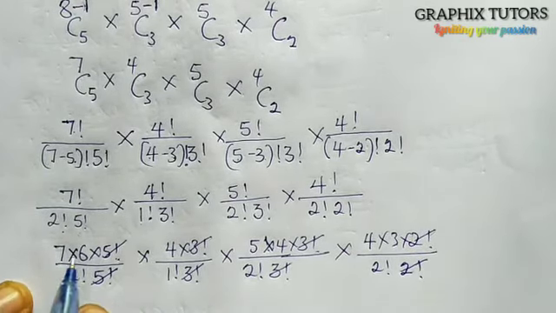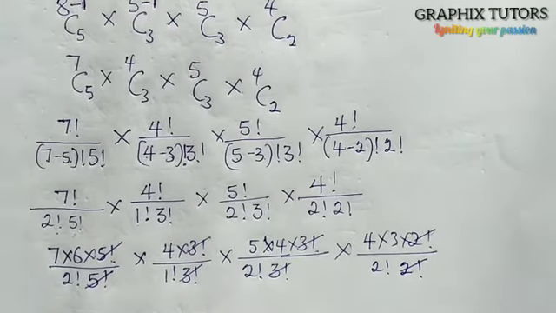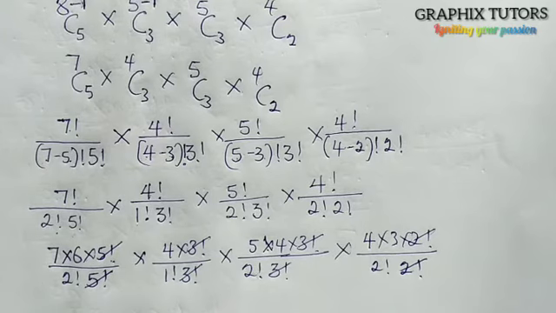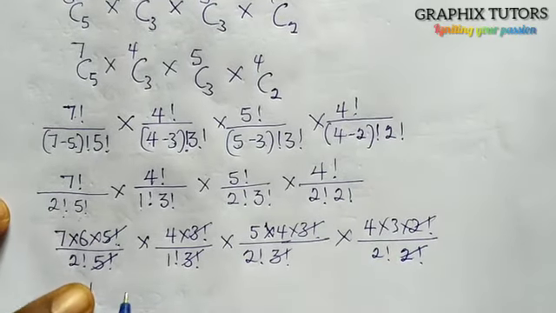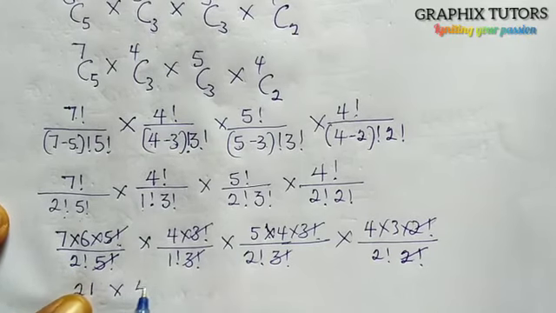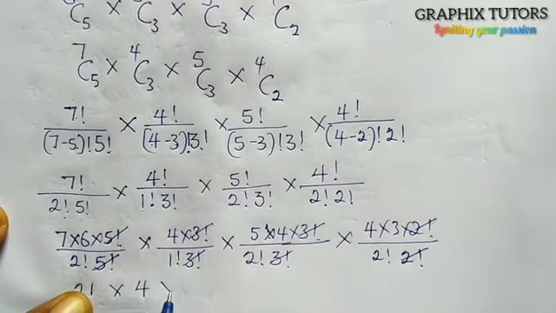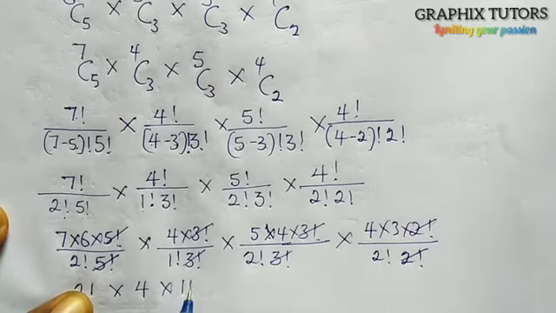So we're left with 7 times 6 divided by 2. So 7 times 6 is 42 divided by 2 will give us 21. So this will give us 21, right? Multiply by 4 divided by 1 give us 4. The 1 factorial is 1. Multiply by 5 times 4 is 20 divided by 2 is 10.